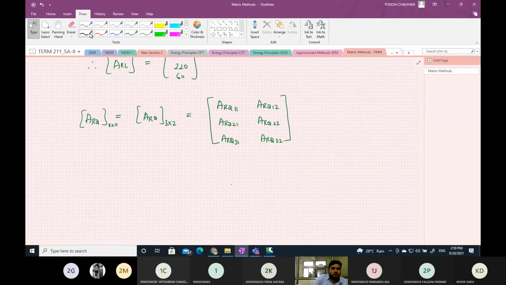So for that, consider the same, we split the beams into 2 segments. And then we find the reactions here.